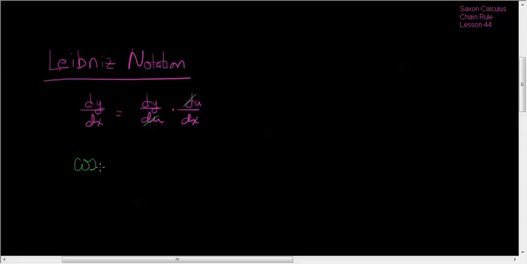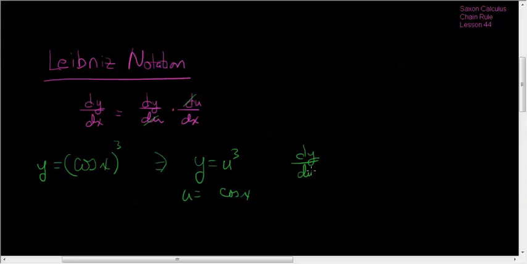Cosine of x cubed. So that's y. All right, same thing. I'm going to let y equal u cubed and u equal cosine x. So what's dy du? dy du is just 3u squared.